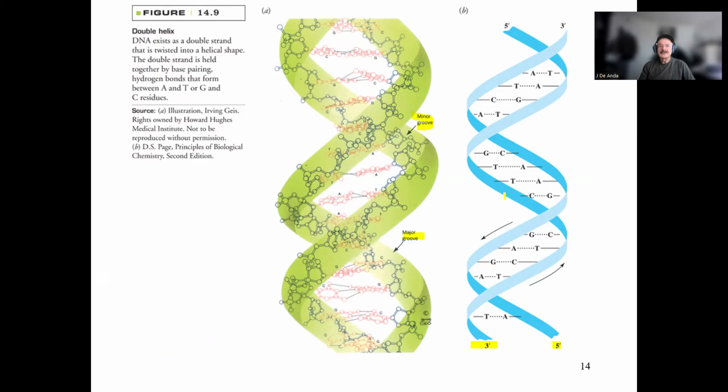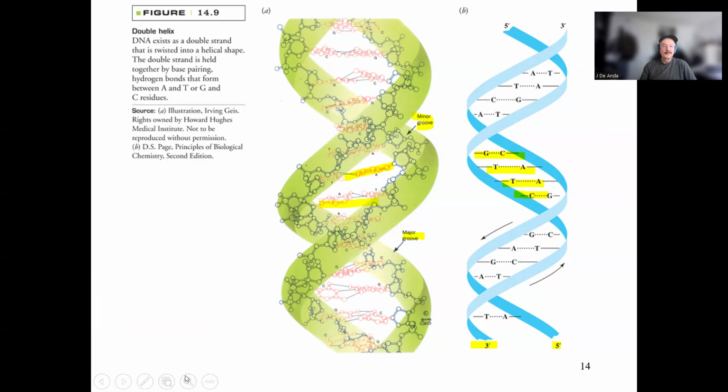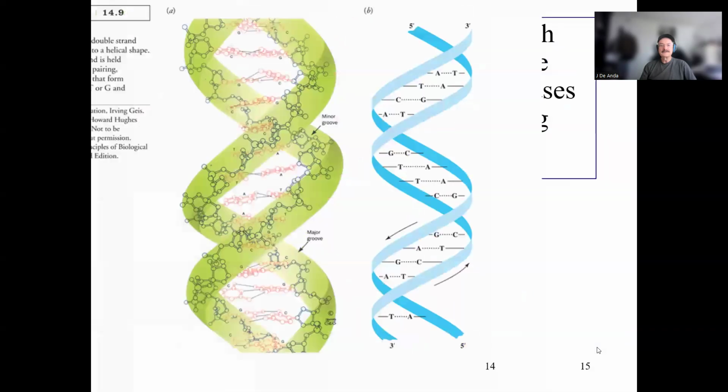You can see them here. Remember that these structures, if you look at it on the left, are pretty flat. And so what's going to happen is they're going to be stacked upon each other, and this maximizes the hydrophobic or the London dispersion or nonpolar interactions between these bases.